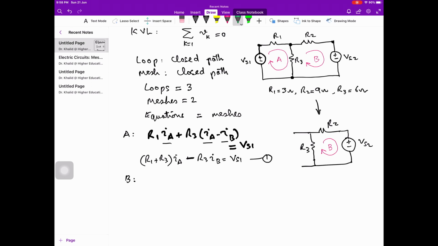Now mesh B, start from here, look at the circuit diagram, only IB is flowing through this, and therefore the voltage drop is with this polarity over here. So this is voltage across R2 only due to current B. Now here we have to consider each circuit element in the mesh.